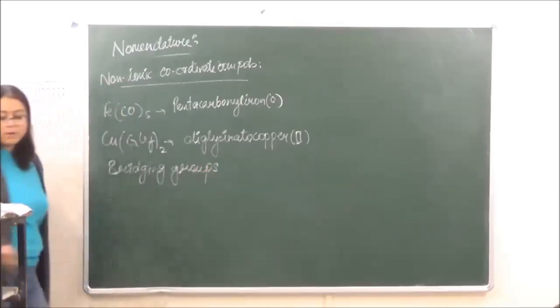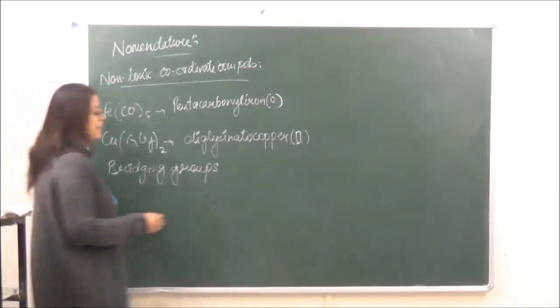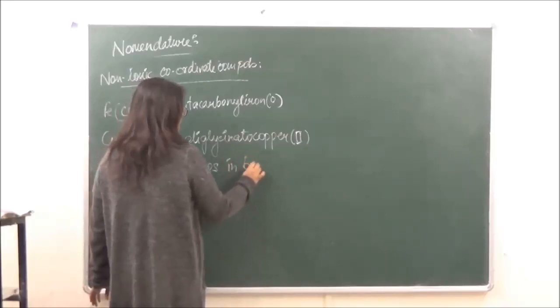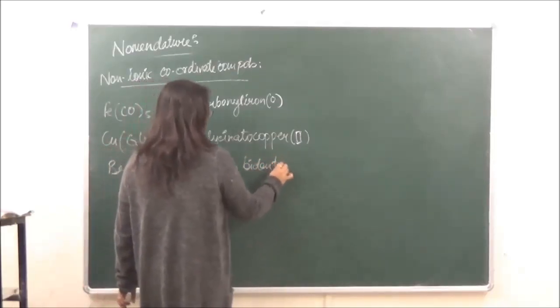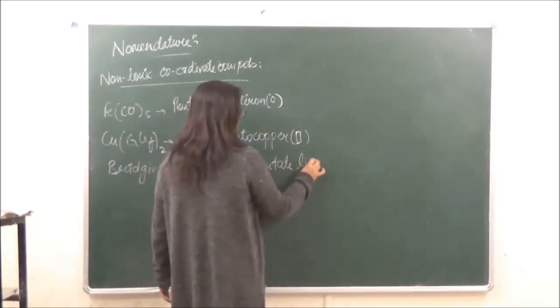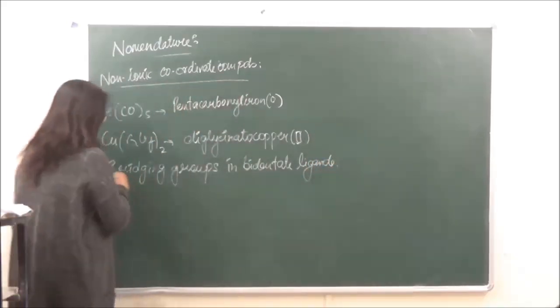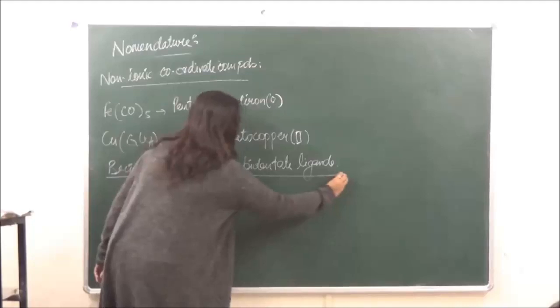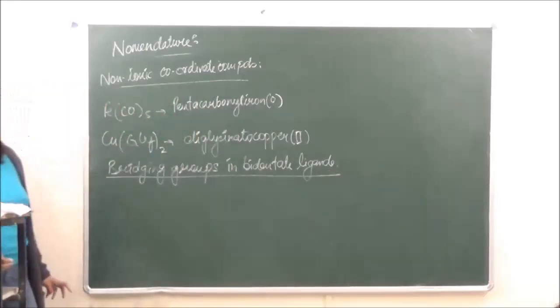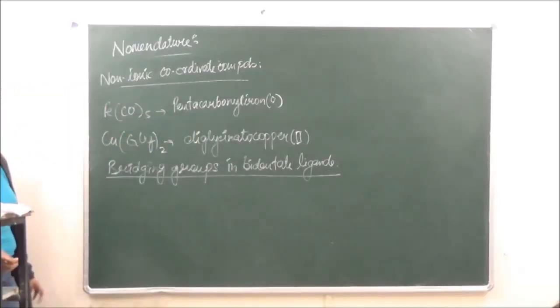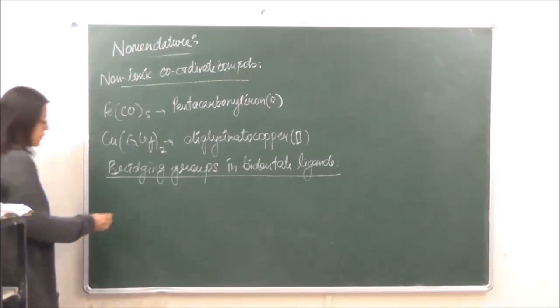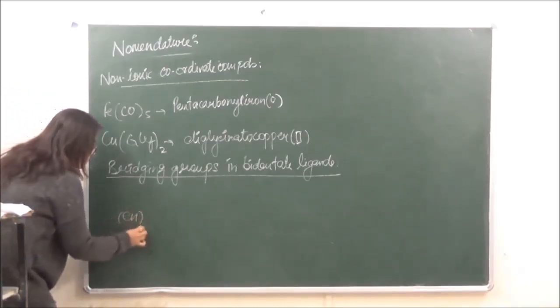We have certain bridging groups in bidentate ligands. In this case, we are going to use a prefix mu. Okay, bridging means that we have, let's take an example.